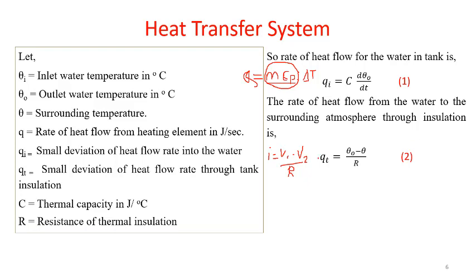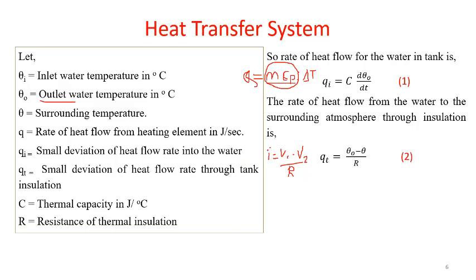We know that the voltage drop will be from a higher potential to a lower potential. Similarly, the temperature is going to drop from a higher temperature to a lower temperature. The outlet temperature will be higher and the surrounding temperature will be quite lesser. So here we get this type of equation.